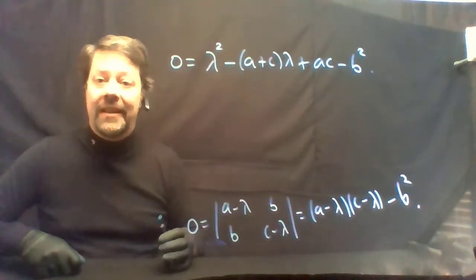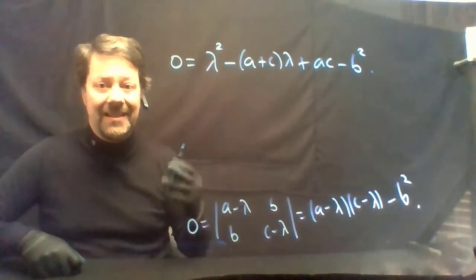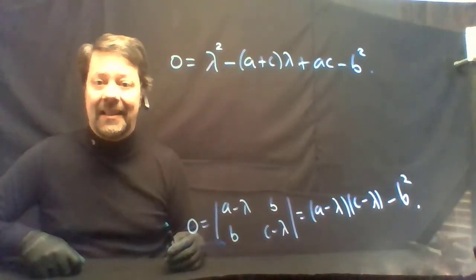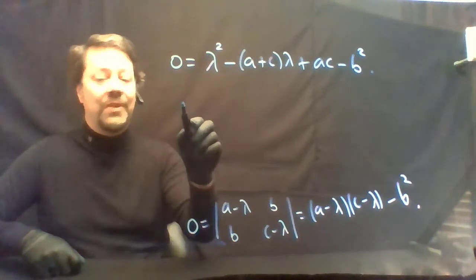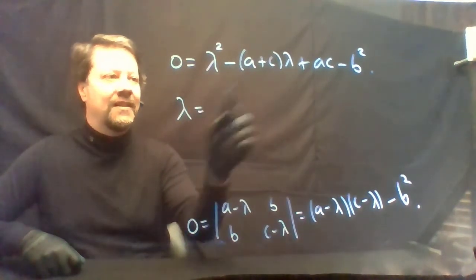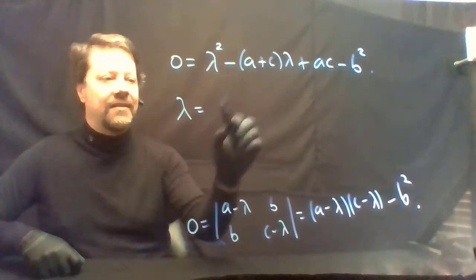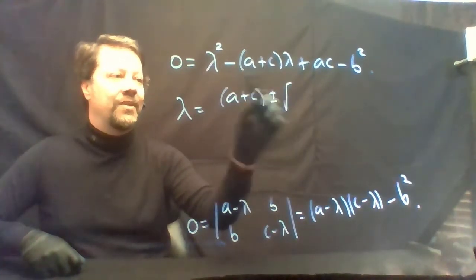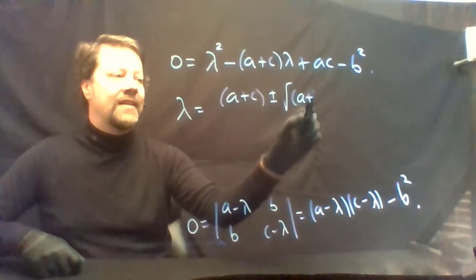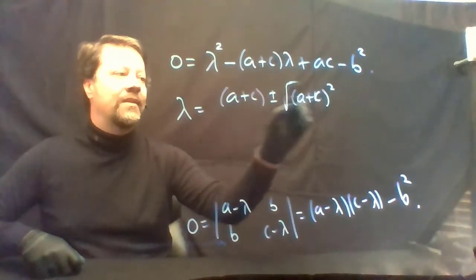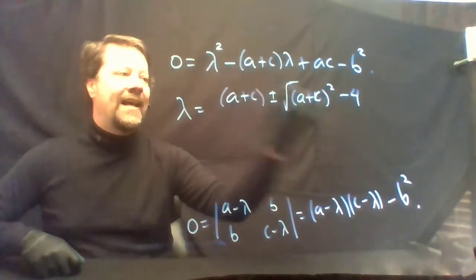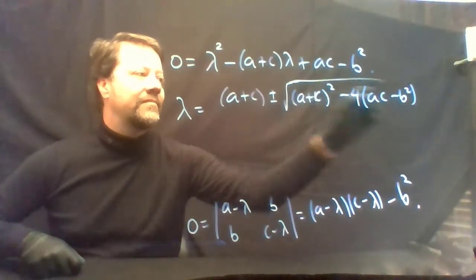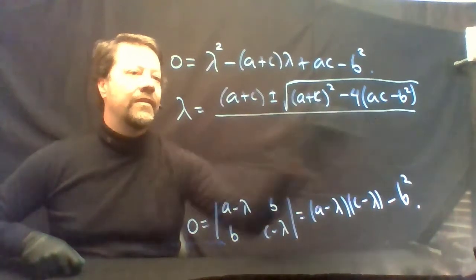If we can show that the characteristic equation has two different solutions, then we'll know that the original matrix is diagonalizable. We'll use the quadratic formula. The negative of the middle term, that's a plus c, plus or minus square root of a plus c quantity squared, minus 4 times ac minus b squared, all over 2.